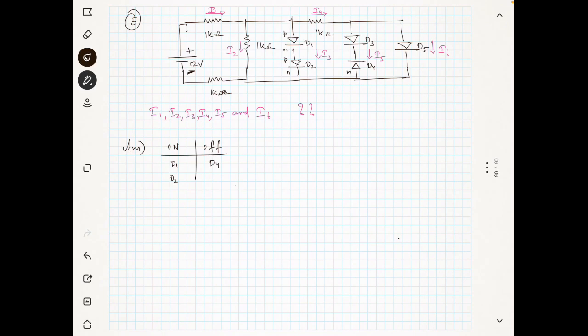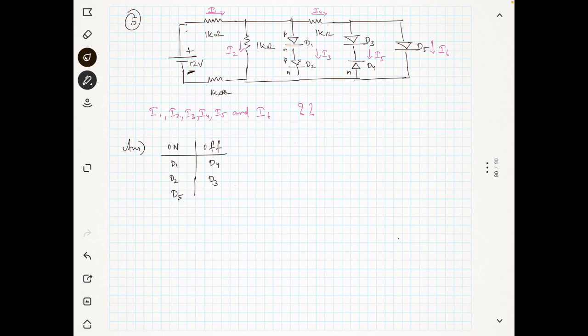So we can say our D3 will never become on because of the open circuit due to the off state of D4. So D3 also will be in off state. Now what about D5? D5 is again in the on state.